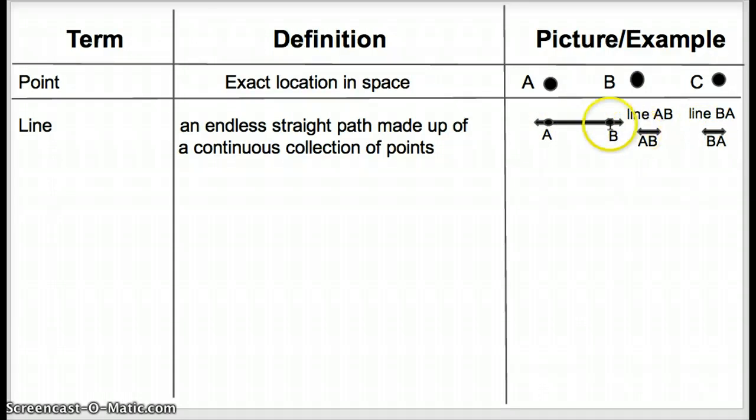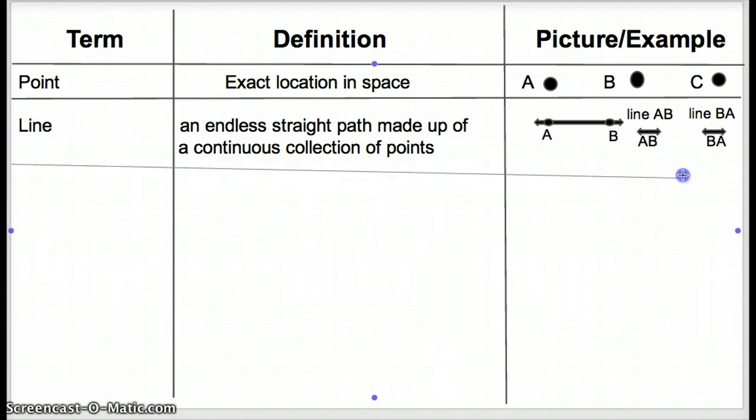It can be switched around with a line. You can write it the word way, or this is the symbol way, using the symbol of the line right there, writing it above the 2 letters in any order. Again, you're going to want to draw a line to separate the next terms.